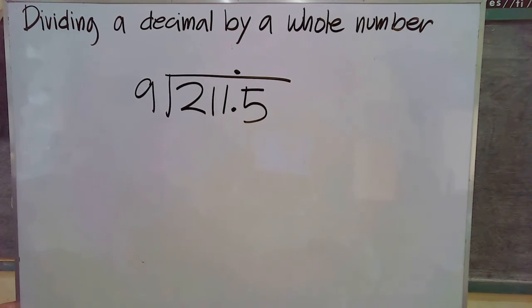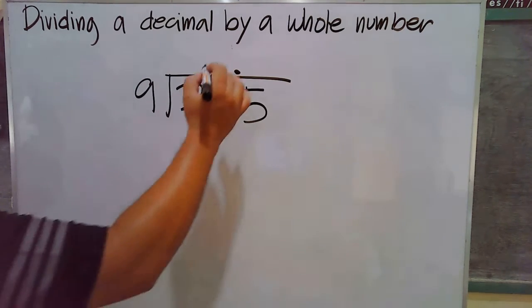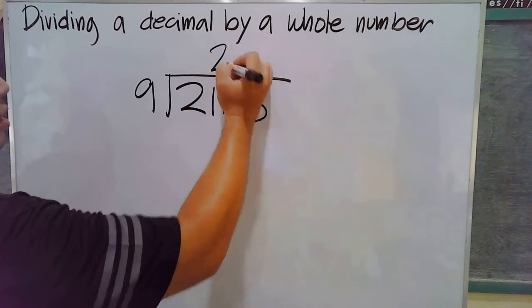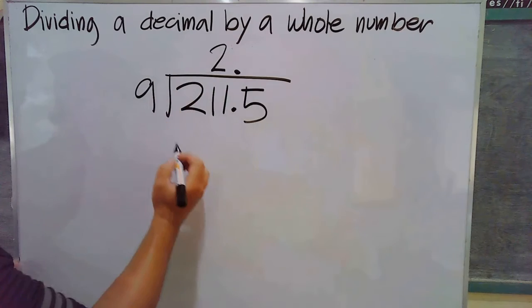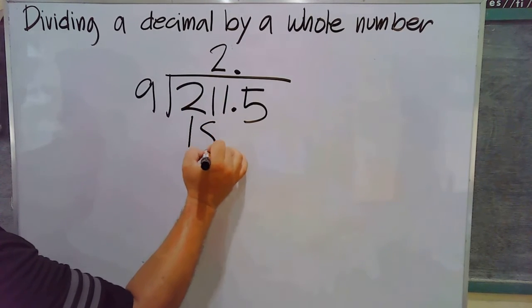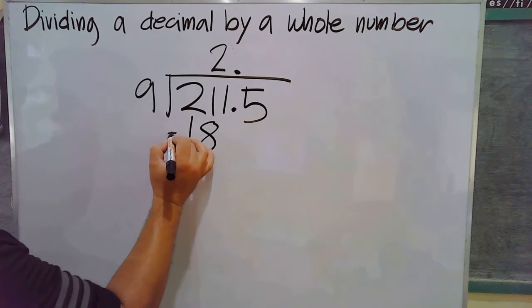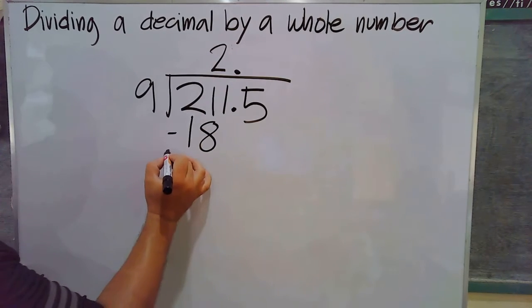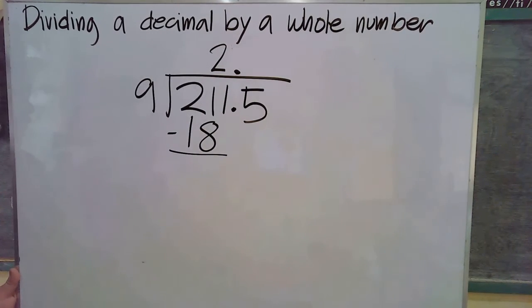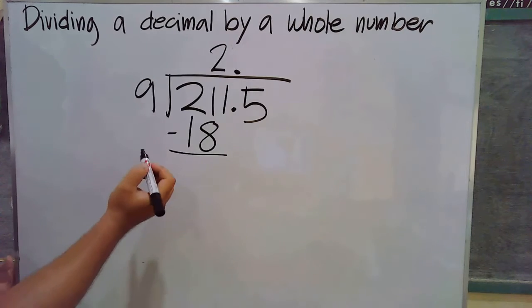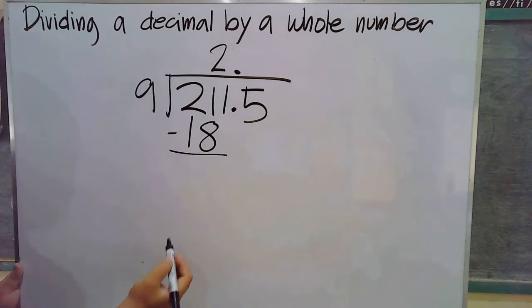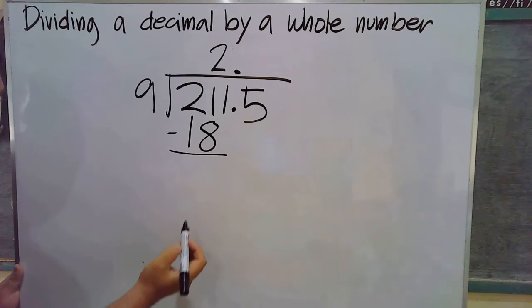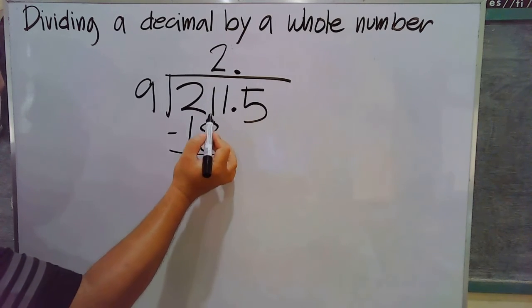Now 21 divided by 9 is 2. Okay, let's multiply. Now 2 times 9 is 18. Okay, subtract. Now 21 minus 18. Now, if we're gonna do the long method, 1 minus 8 cannot be, because 8 is greater than 1.